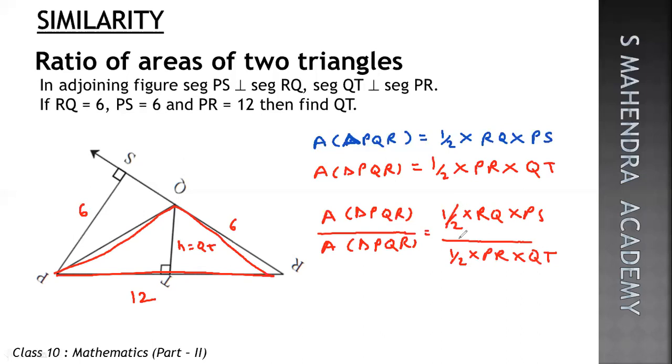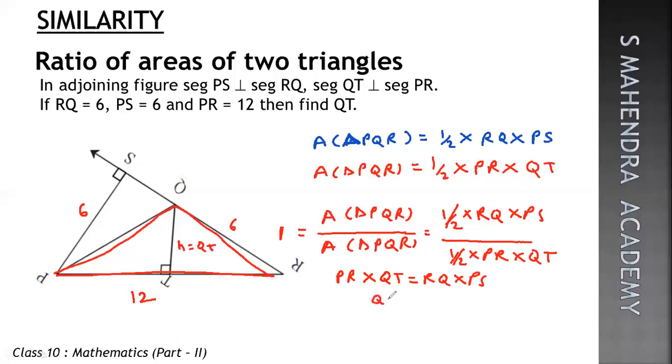So in this case, 1/2 will get cancelled, and as this is the ratio of the same quantity, it will be 1. So we will get, after cross multiplication, PR into QT is equal to RQ into PS.